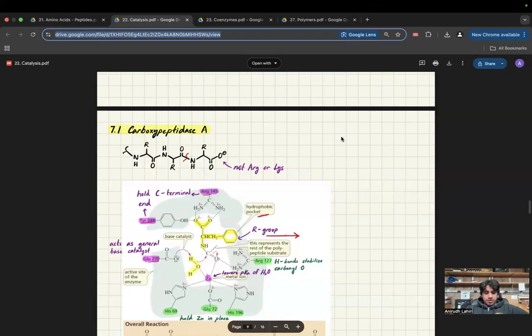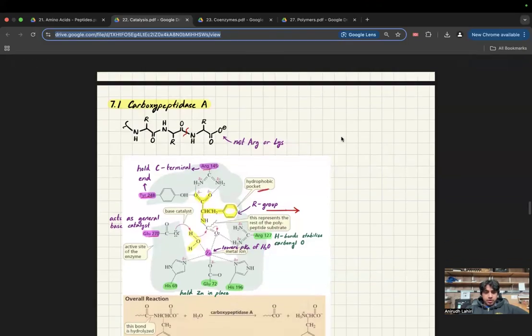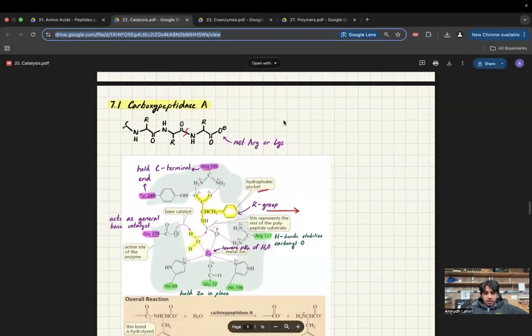Carboxypeptidase A cleaves at the C-terminal end of a peptide chain. A lot of problems that you're going to get in this course are going to be about trying to determine a sequence of peptides, given that you had a bunch of these enzymes and they cleave at different spots, and you'll be responsible for knowing where these enzymes cleave and how to go about assembling the chain.